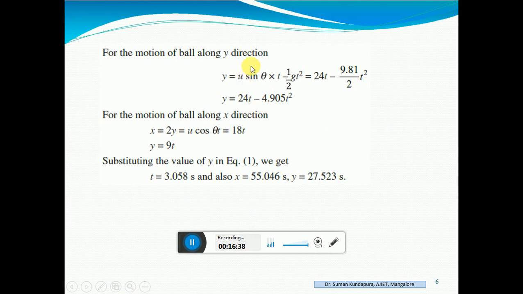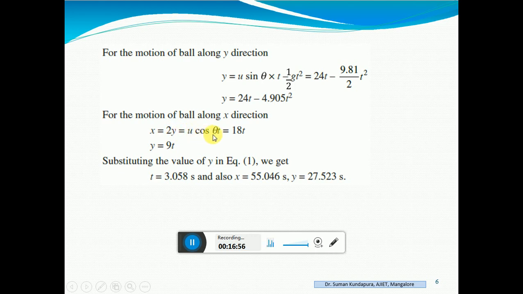So substitute u sin theta as 24t, minus 4.905 t squared. Okay, you got the y equation.